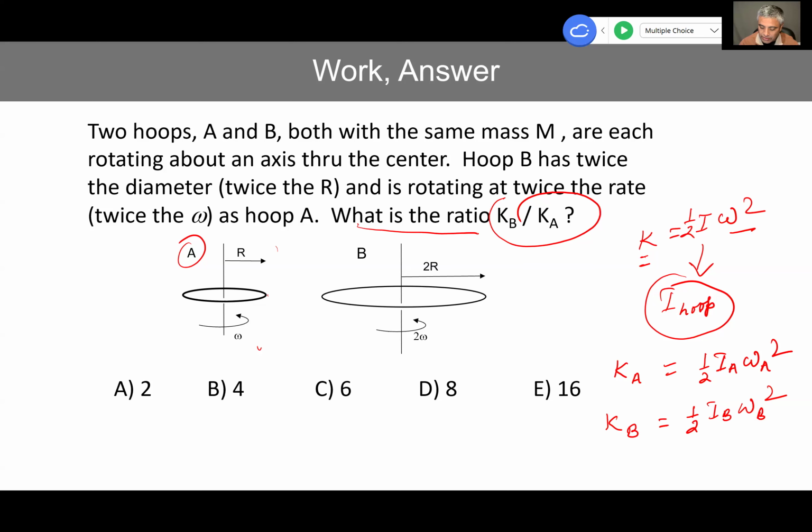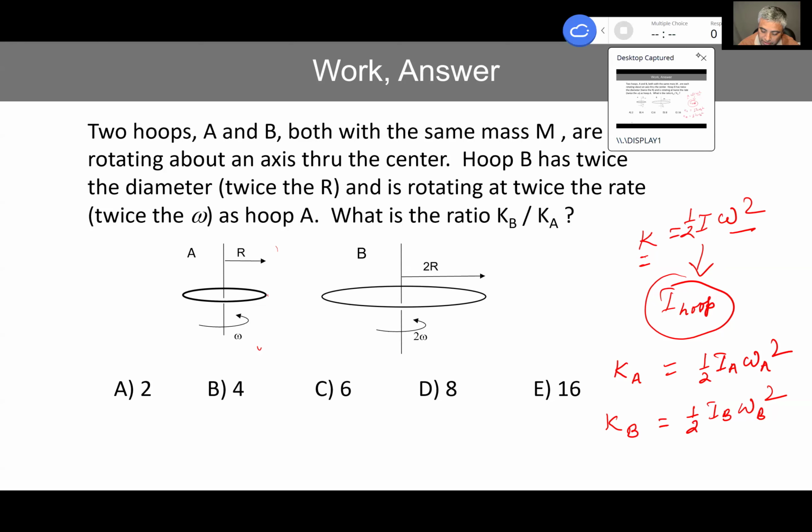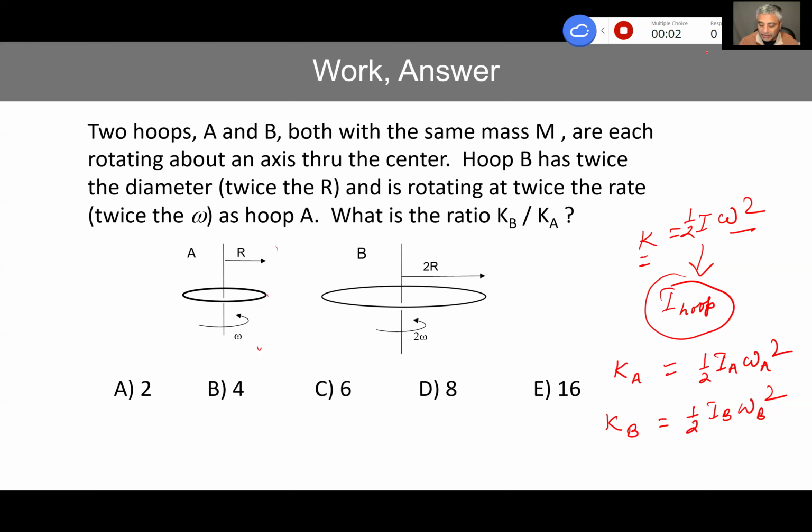What is the ratio? Divide the bigger by the smaller one, so K B over K A. These are given directly or indirectly, so you need to use those to answer this question. With that said, I'll let you work on this. I am giving you 2 minutes to work on this.